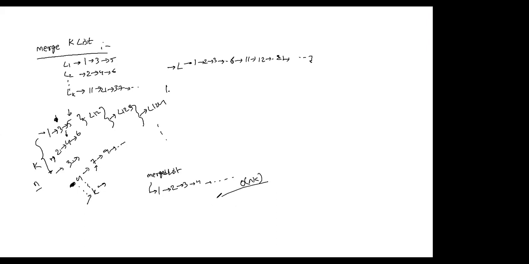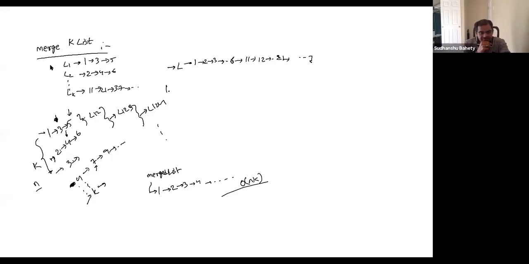Is it given that all K of the lists are sorted individually? Yes, it is given. Merge K sorted lists, so each is sorted. So is this part clear? How are we going to do it?